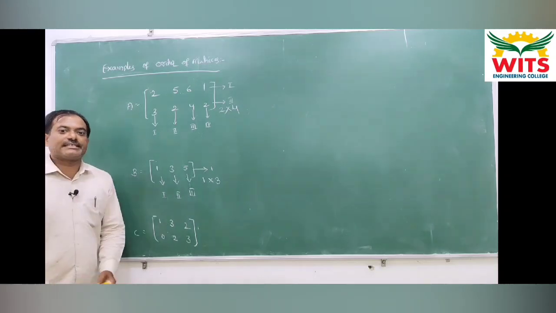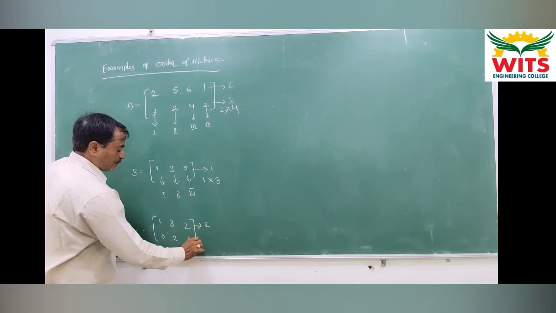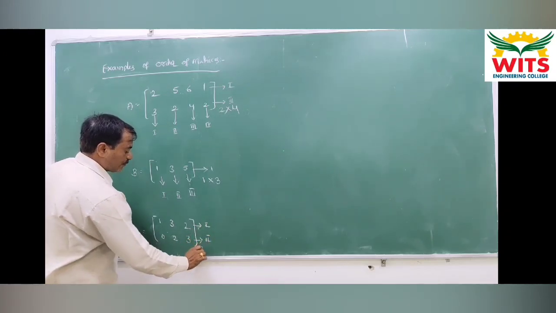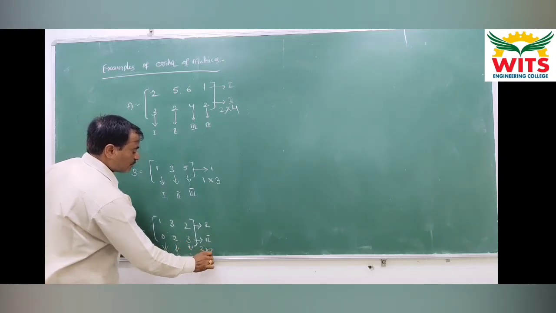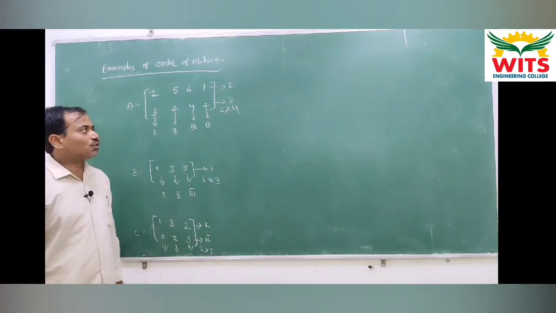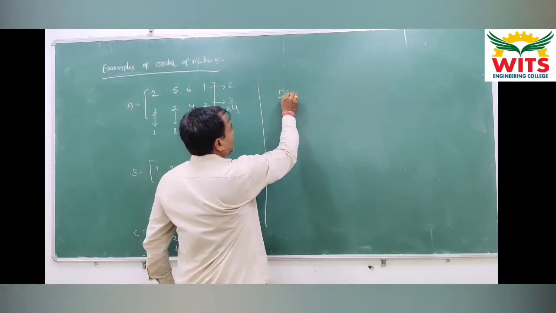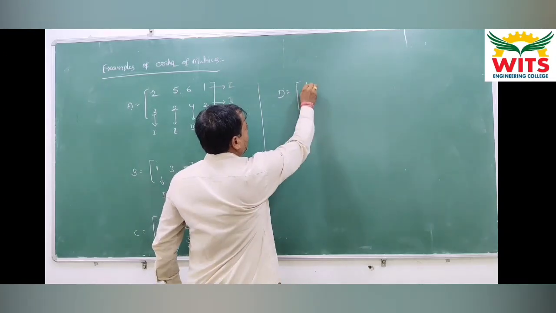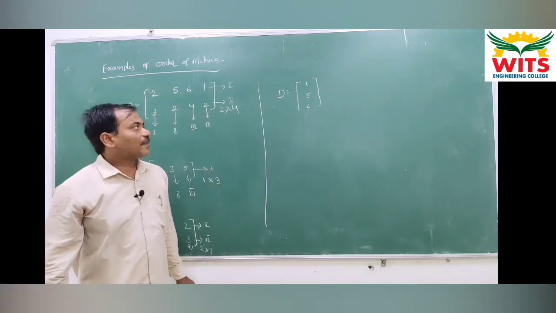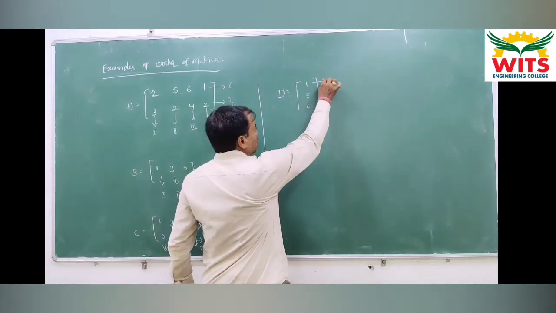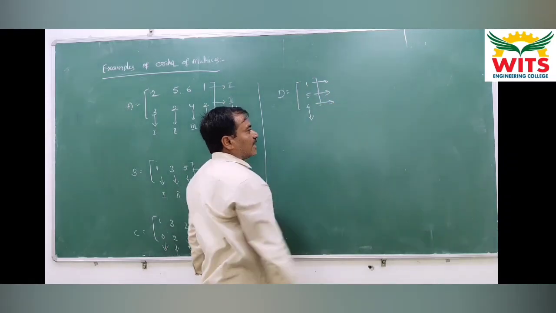What is the order of this matrix? This matrix contains 2 rows and 3 columns. So the order of this matrix is 2 cross 3. Similarly, what is the order of this matrix? This matrix contains 3 rows, 1, 2, 3, and a single column.